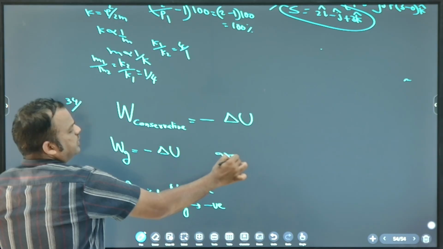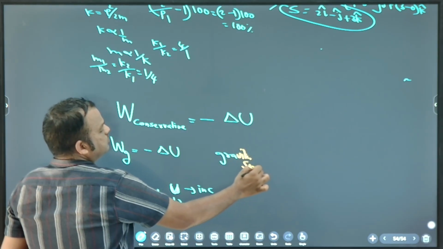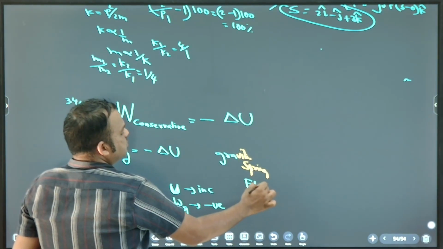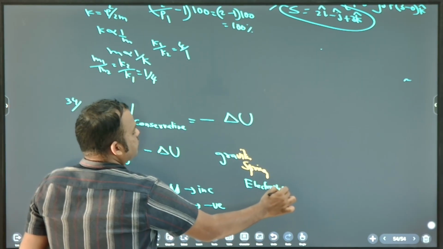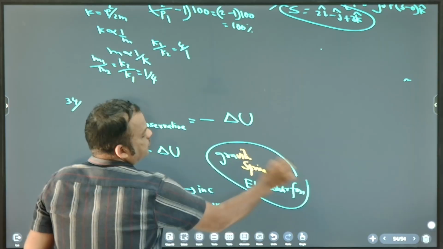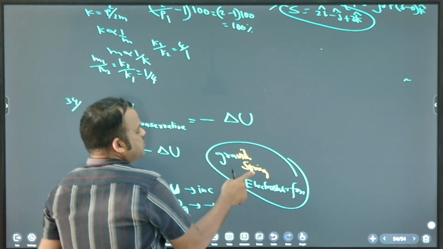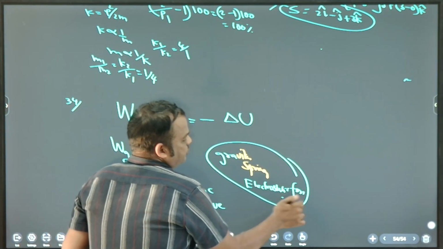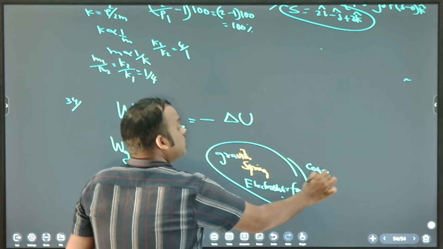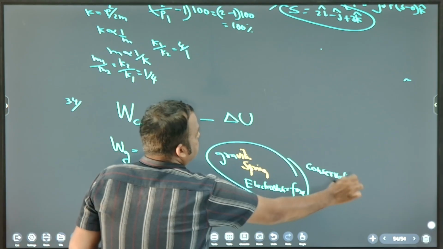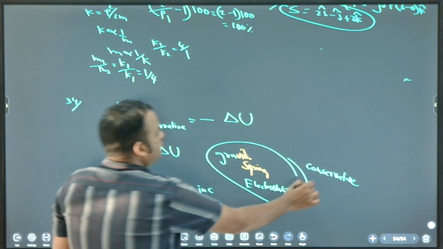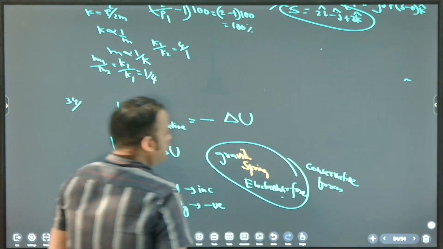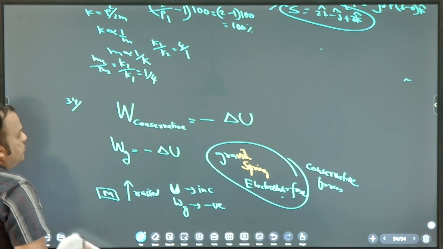See, gravity, spring, electrostatic force. These three forces are conservative. Okay, gravitational force, spring force, electrostatic force. Remember, these three are conservative forces.